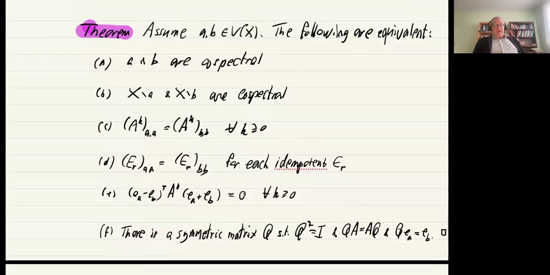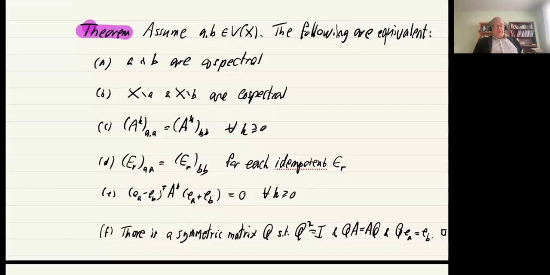Now, this is saying that the number of closed walks of length k starting at A is equal to the number of closed walks of length k starting at B for all non-negative k. Now, that tells you that the walk generating functions are equal. And that's, of course, implied by the fact that, in other words, the walk generating function of X drop A is equal to that of X drop B. So B implies C. I'm leaving this as a kind of an exercise.